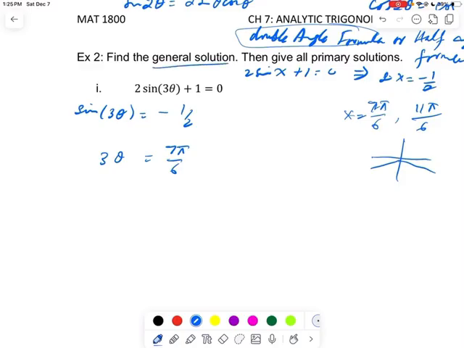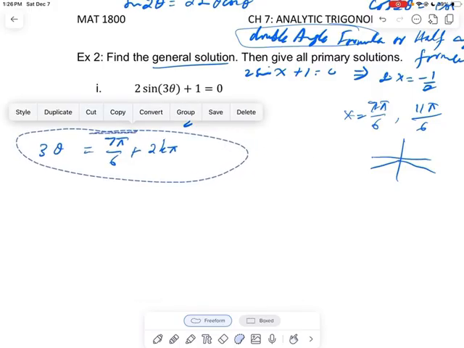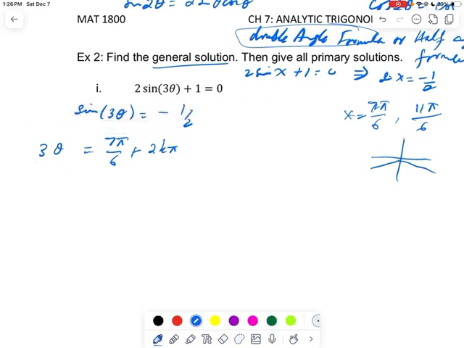So I'll say 7 pi over 6 plus 2k pi. And then also 3 theta equals 11 pi over 6 plus 2k pi.